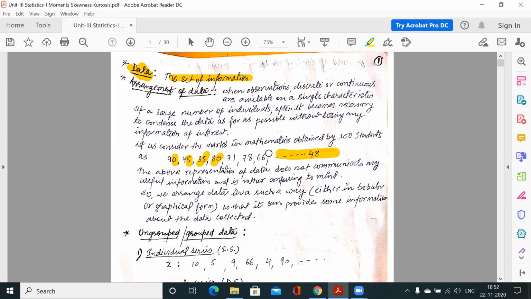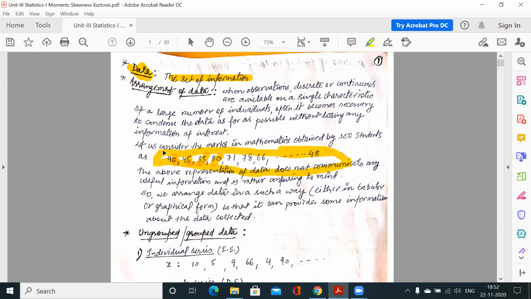These are the marks of the 100 students in mathematics in the 12th class. If I want to know any characteristic or information from this data, I have to arrange this data in a particular manner so that we can extract the information which the data has.